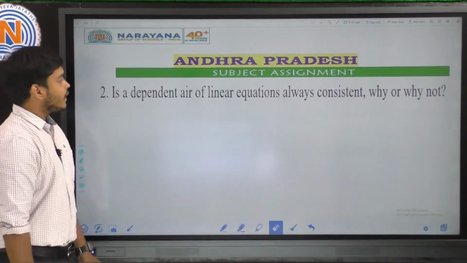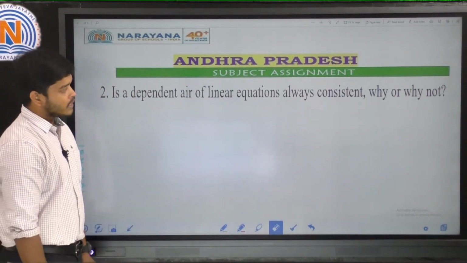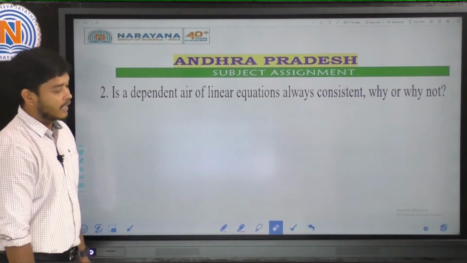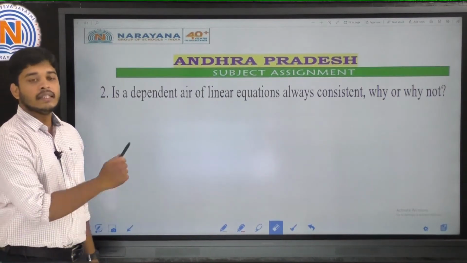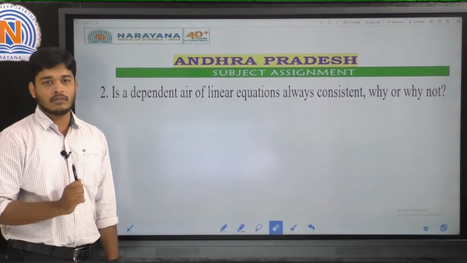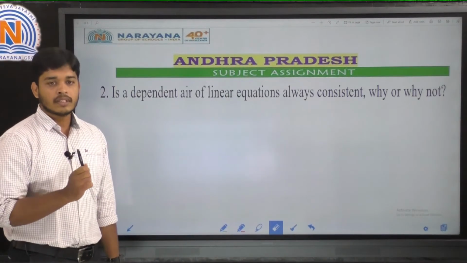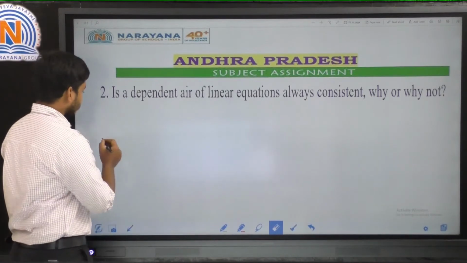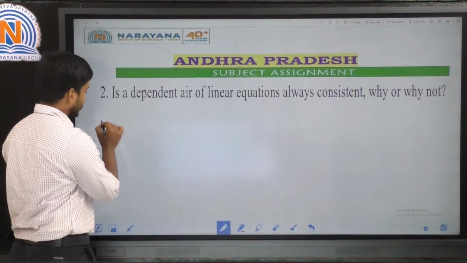Is a dependent pair of linear equations always consistent? Why or why not? See the dependent lines. Dependent lines means what kind of lines? Those are coincidental lines.